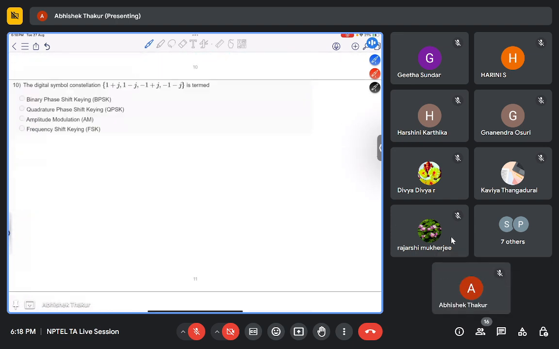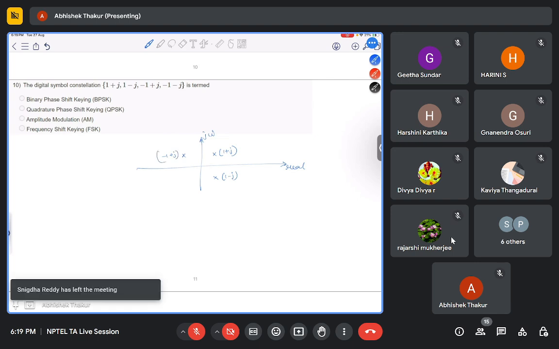Now coming to the next question, the digital symbol constellation. Let's suppose this is our imaginary axis and this is our real axis. The 4 constellation points are given: 1 plus j, second is 1 minus j, the third one is minus 1 plus j, which is in the second quadrant, and the fourth one is minus 1 minus j.